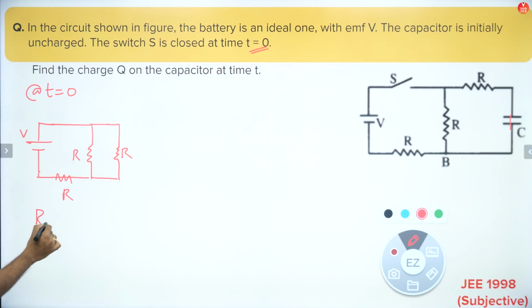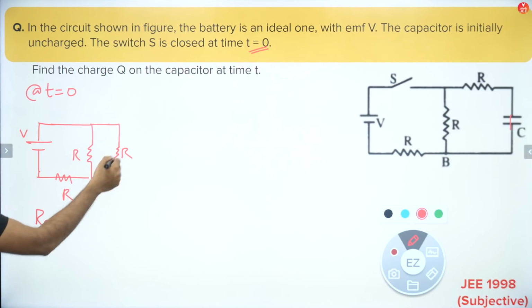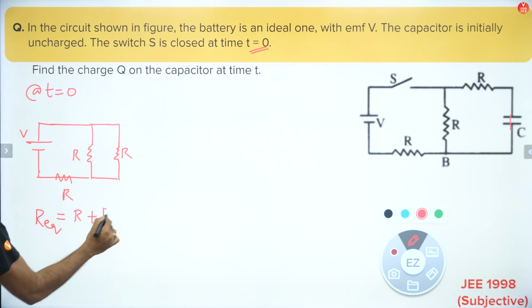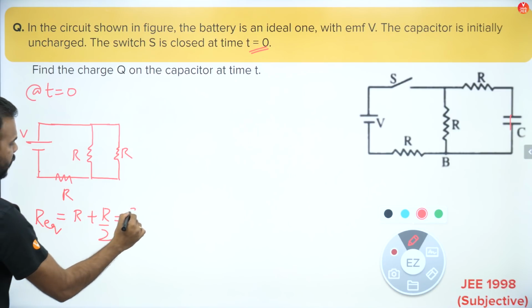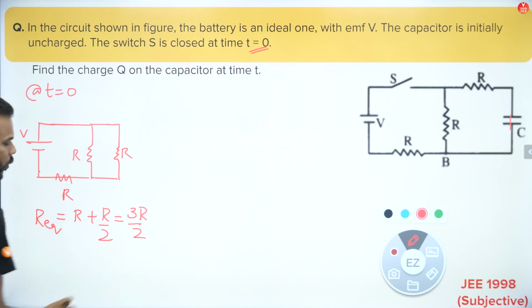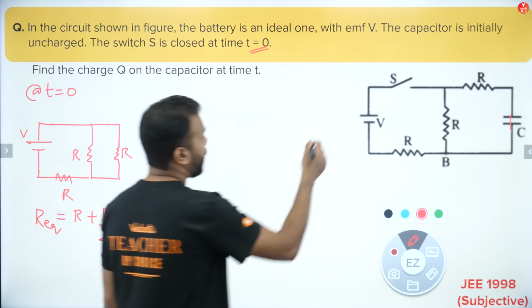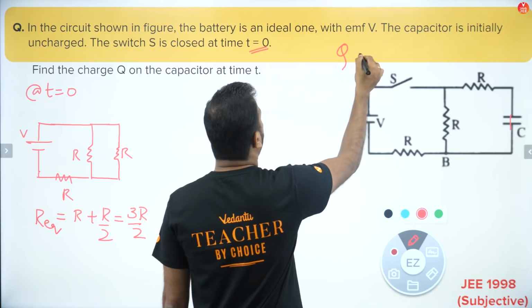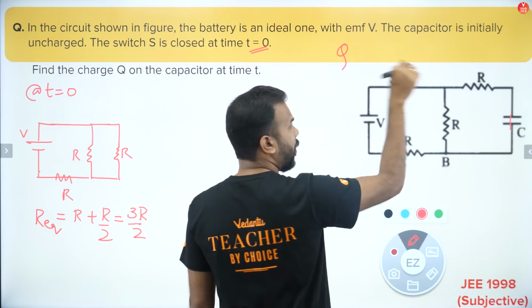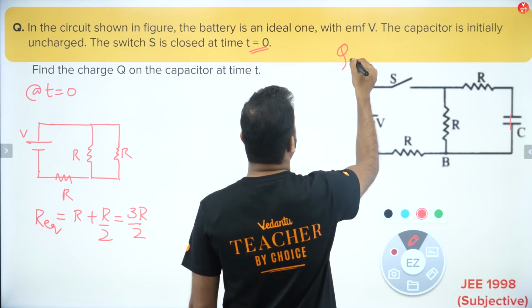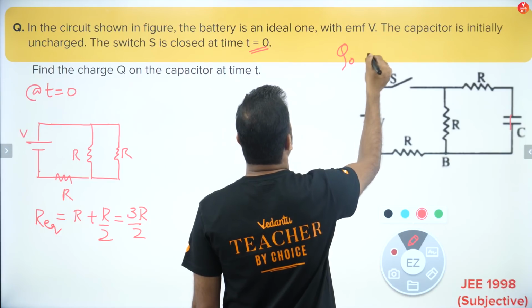So if you calculate, R equivalent will be R plus the equivalent of this, which is R by 2. That means, guys, this will be 3R by 2. If we want to find out the value of charge on the capacitor at a time t, we know that the maximum charge it can get at t equal to infinity, say that charge is Q naught.